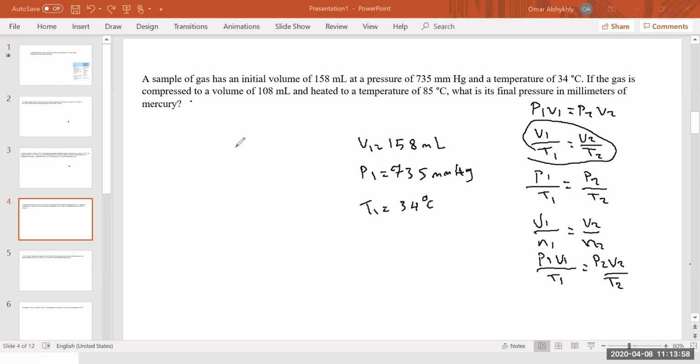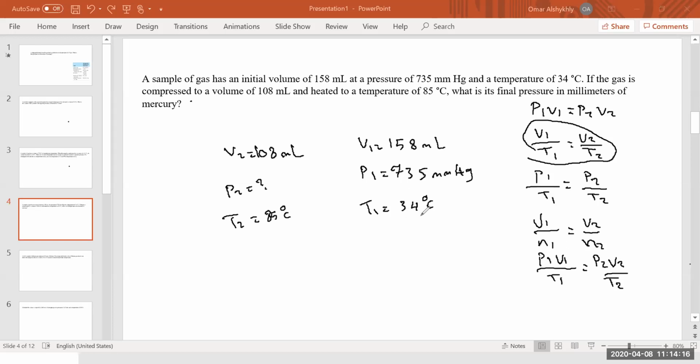Now let's change: the gas is compressed to a volume, so V2 is 108 milliliter, and the pressure P2 is unknown, and T2 here is 85 Celsius degree.